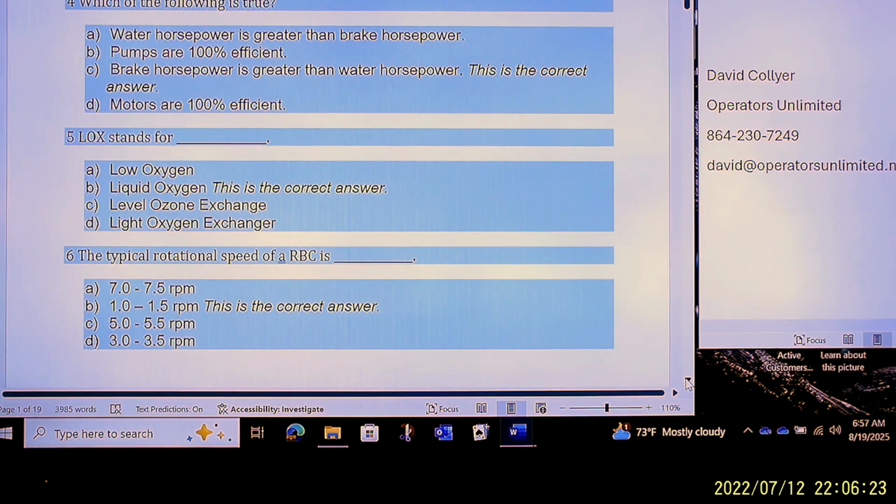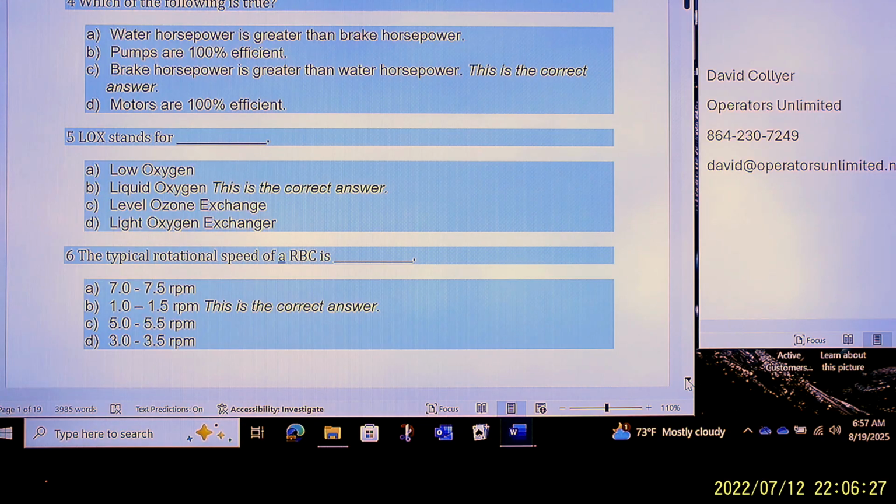Number four, which of the following is true? A, water horsepower is greater than brake horsepower. B, pumps are 100% efficient. C, brake horsepower is greater than water horsepower. Or D, motors are 100% efficient.